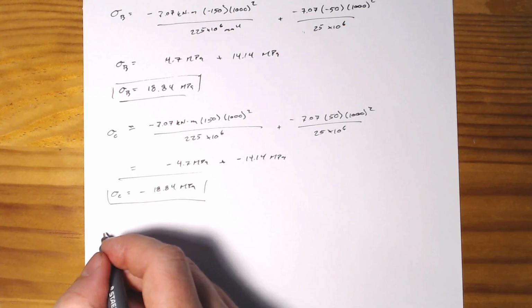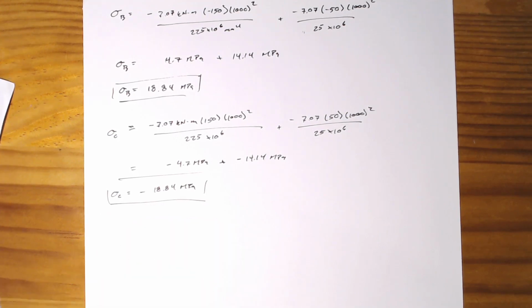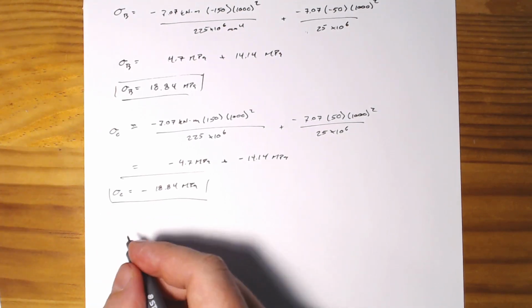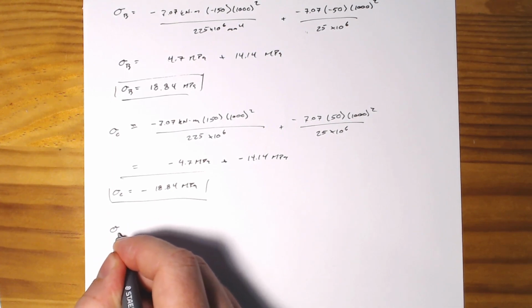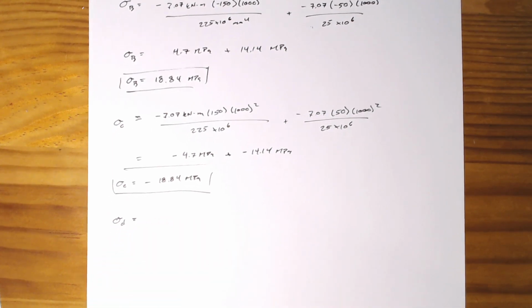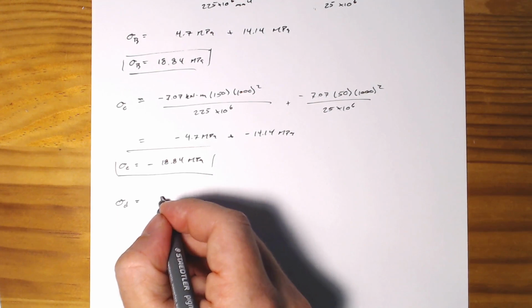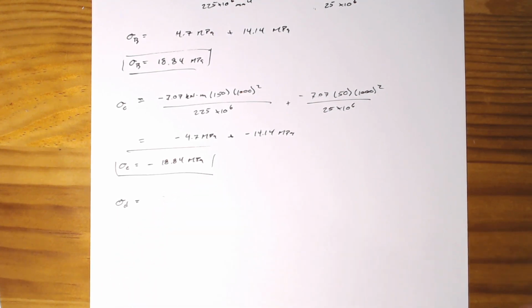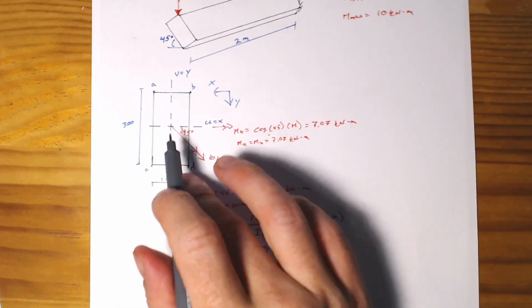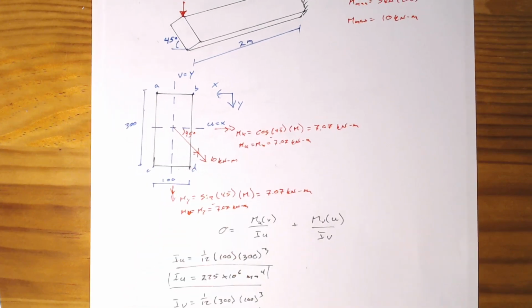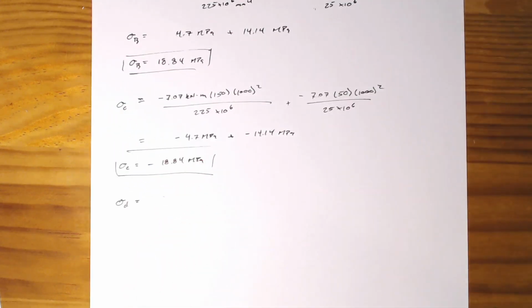And then finally at sigma D, we're much the same, but we've come with a positive y and a negative x coordinate.